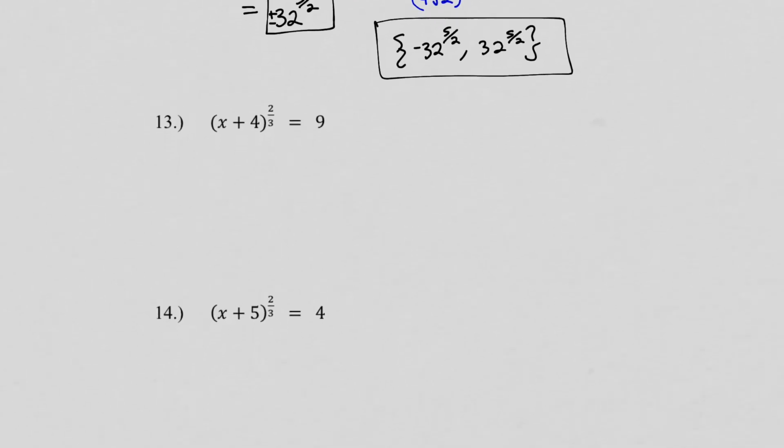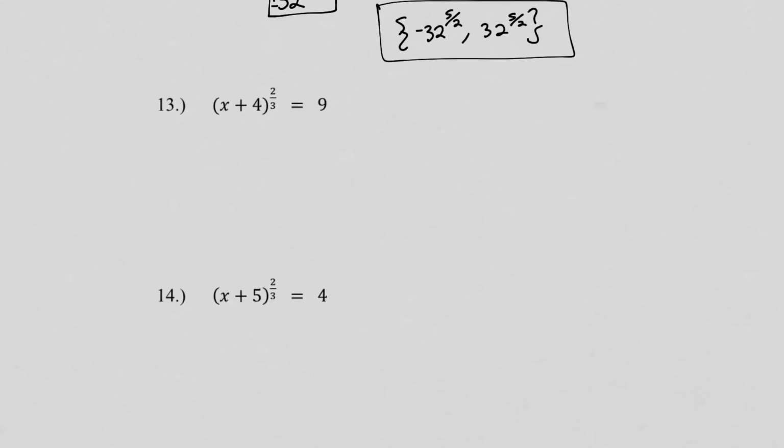Okay, so let's go ahead and take a look at the next 2, numbers 13 and 14. I'm going to do 13, and then you're going to try 14 on your own. So again, we're going to raise this to the reciprocal power. So the 2/3 becomes 3/2.